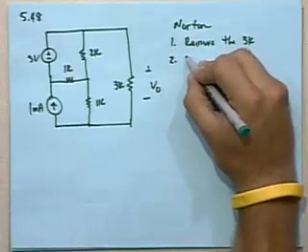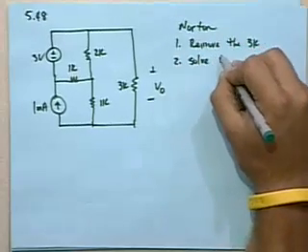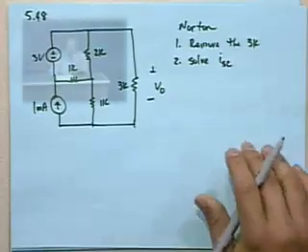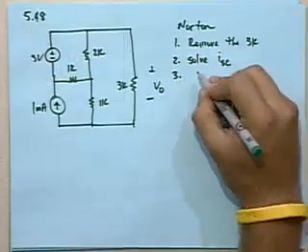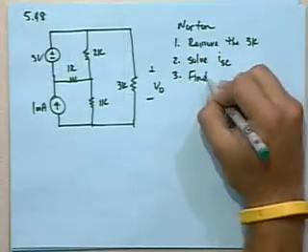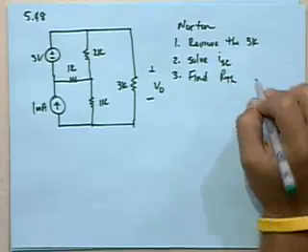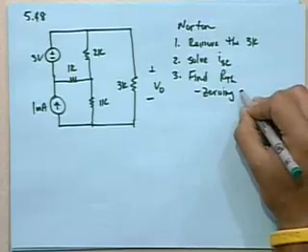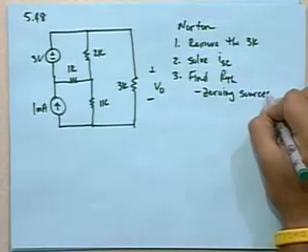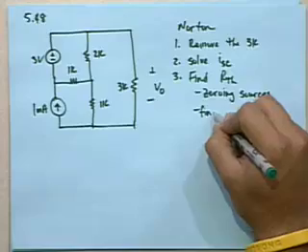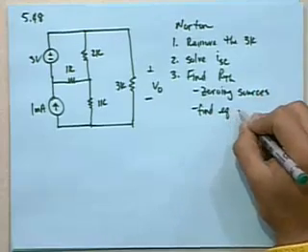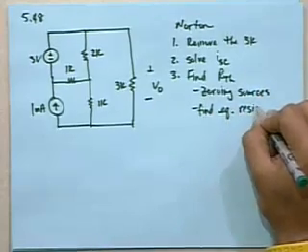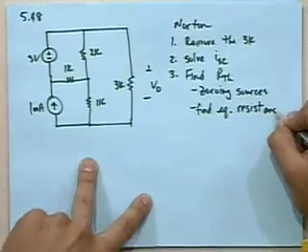The second thing is we'll solve for the short circuit current. We'll find the Thevenin resistance by zeroing out the sources and then finding the equivalent resistance as seen from the terminals of the load.